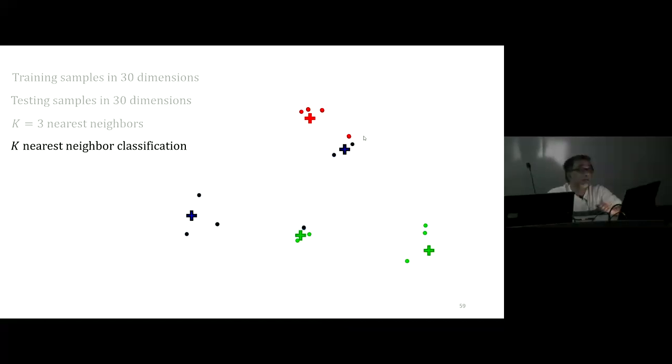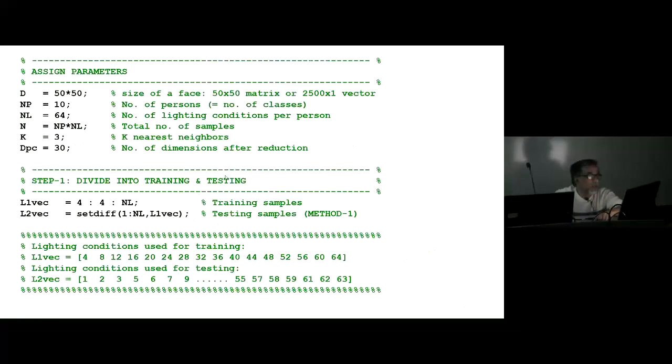For a tiebreaker, if there was one sample point each of red, green, and blue, then we would pick the single nearest one as the label. So k nearest neighbor is pretty simple. There are other ways to do tiebreakers when we have more class labels and k is higher, but don't worry about that.